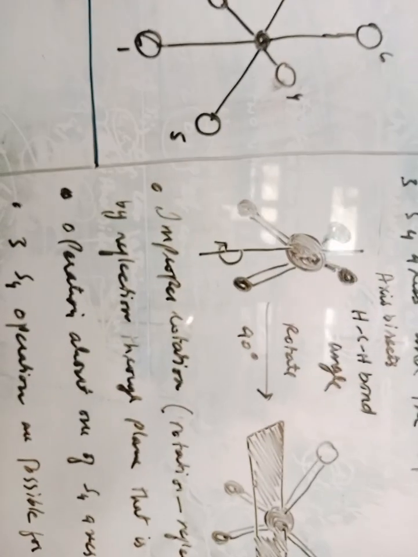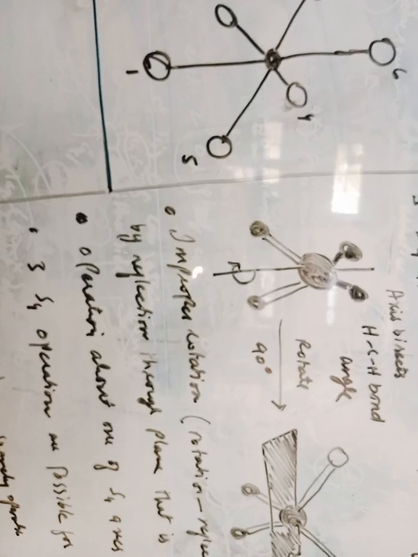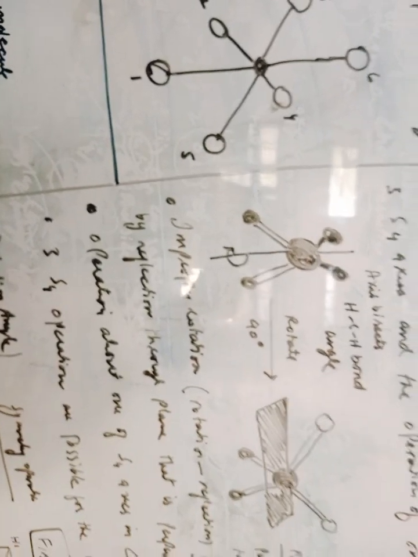Tetrahedral species of the type X4, where all Y groups are equivalent, possess S4 axes, three S4 axes, and the operation of one S4 rotation and reflection in the methane molecule. As you can see here, the molecule's axis bisects the HCH bond angle and rotates about 90 degrees.